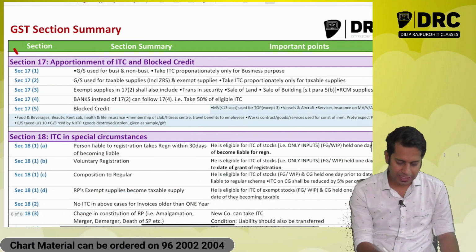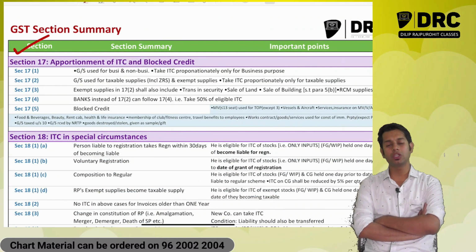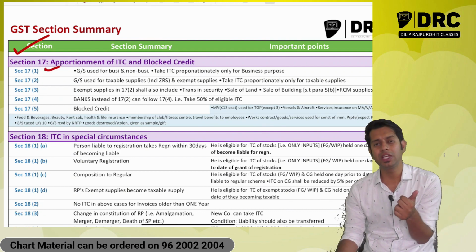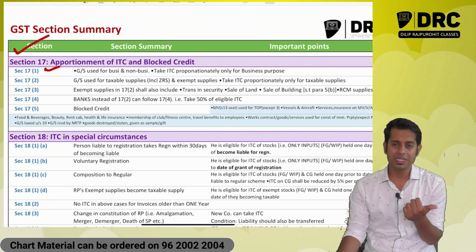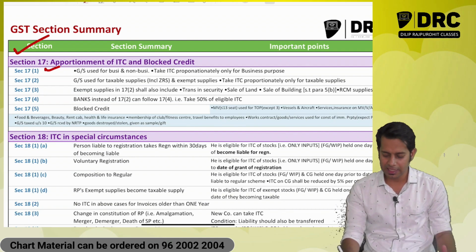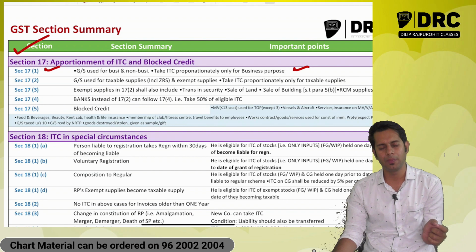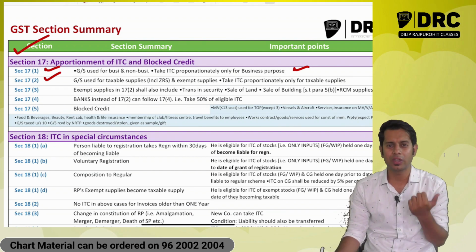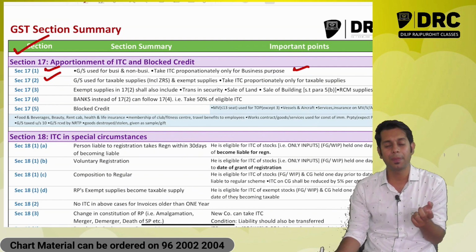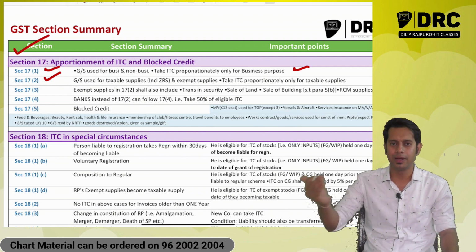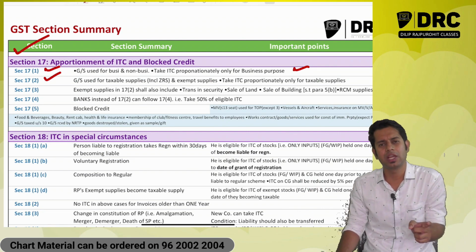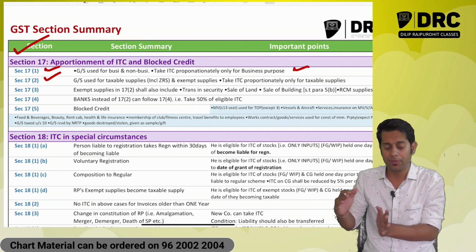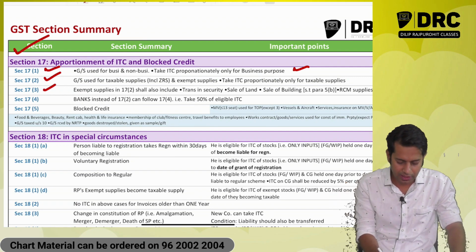Section 17. Section 17 talks about what? Section 17 talks about apportionment of input tax credit and block credit. Section 17 subsection 1 says if you are using any goods or services for business purpose and for any purpose other than business, the ITC shall be restricted to so much of the input tax credit which is attributable to business purpose. 17.2 says where you are using any goods or services for taxable supplies including zero rated supplies and exempt supplies, then the ITC which can be taken by you shall be restricted to so much of the input tax which is attributable to taxable supplies including zero rated supplies.